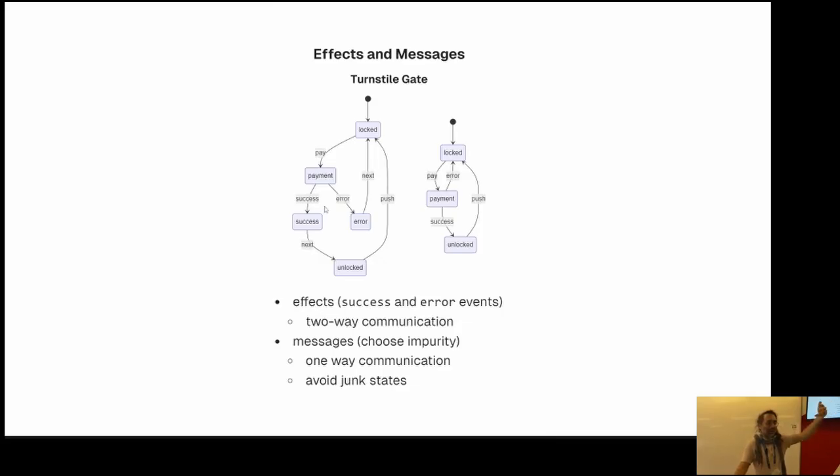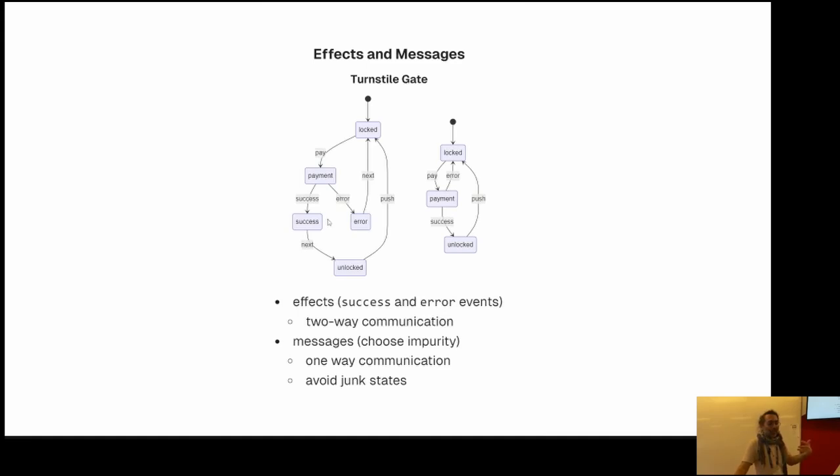And then it will succeed or fail. If it succeeds, you will get to an unlocked state. And if it failed, you'll get to an error state and get back to locked. So that payment state is useful. You want to display on the turnstile gate that we are now paying.